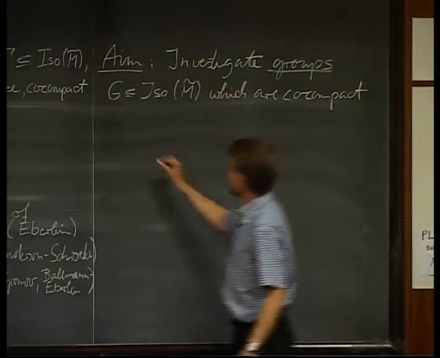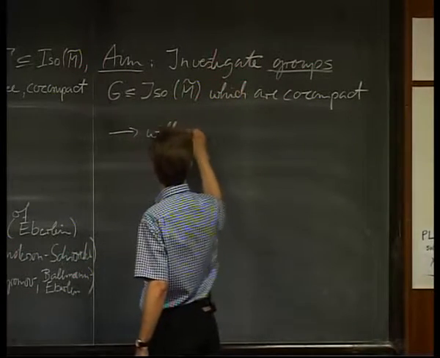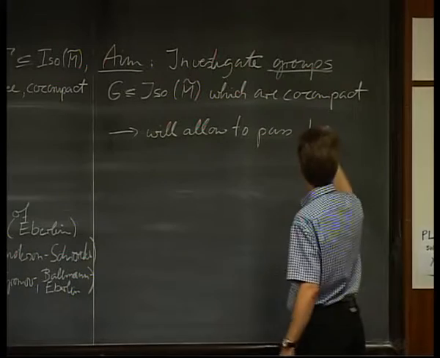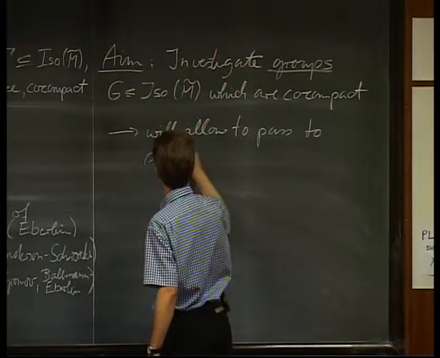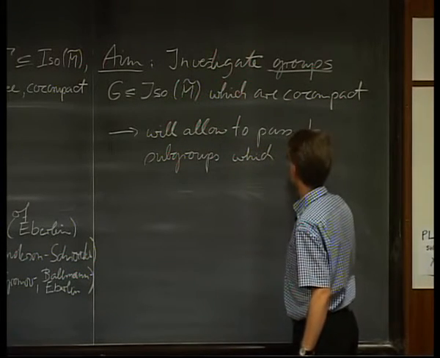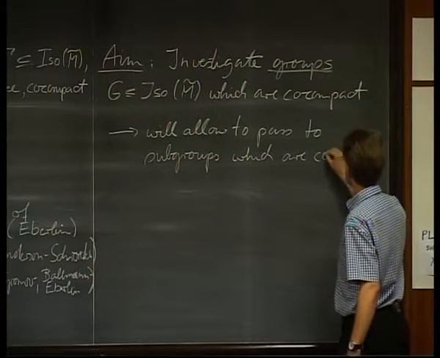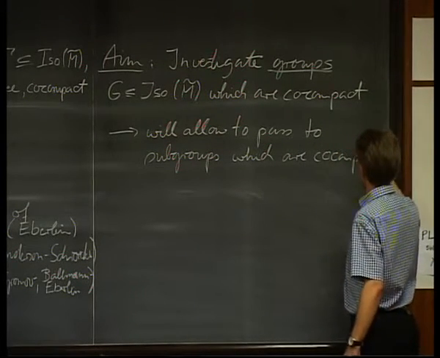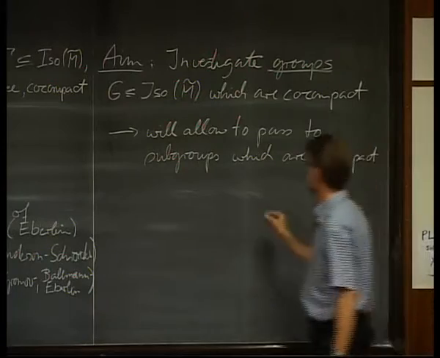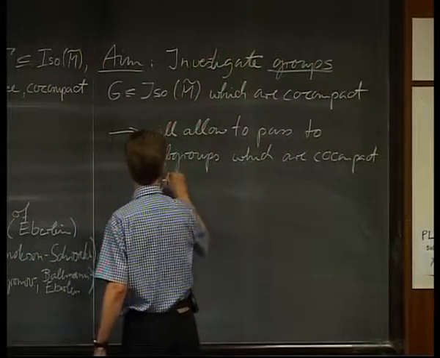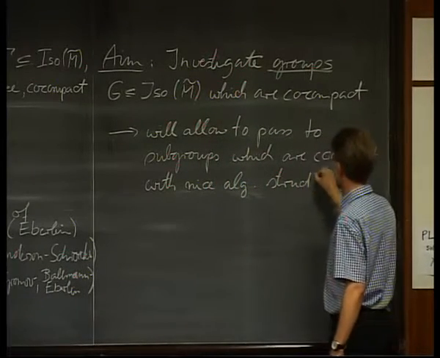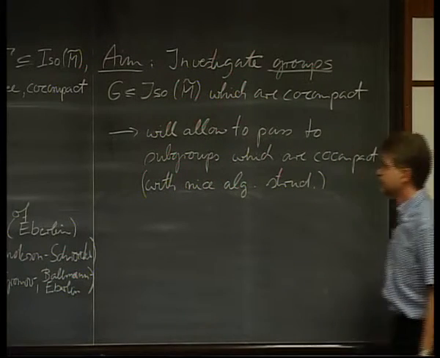So we will allow passing to smaller subgroups once in a while, to proper subgroups, as long as these will still be co-compact, and with the aim to obtain particularly nice subgroups, with a nice algebraic structure. Nice algebraic structure should be our aim, and I will try to explain these structures.